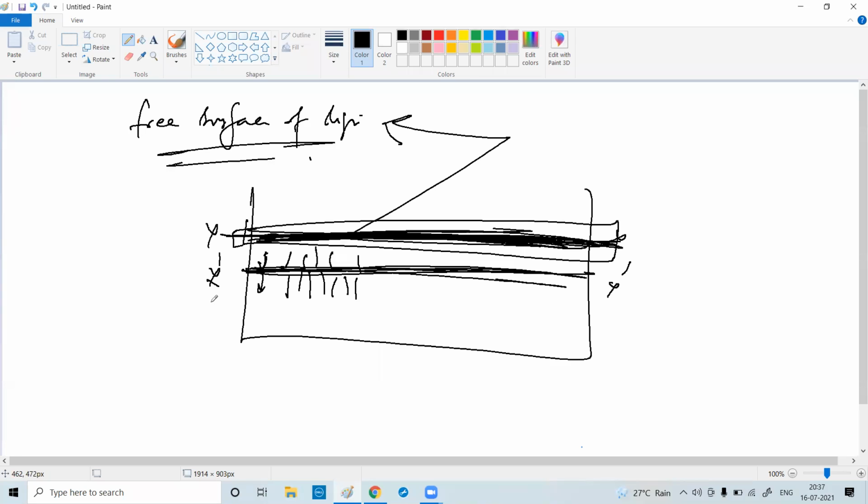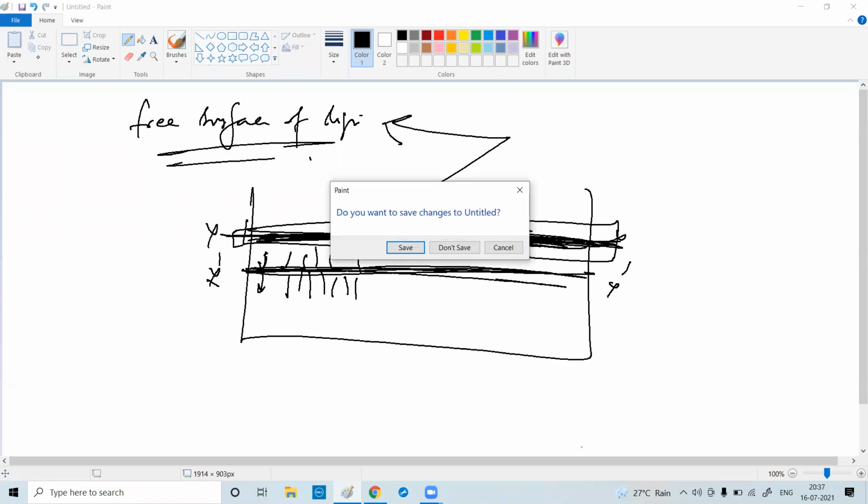Now we will come to understand surface tension based on the molecular theory. So we will go back to the same diagram.